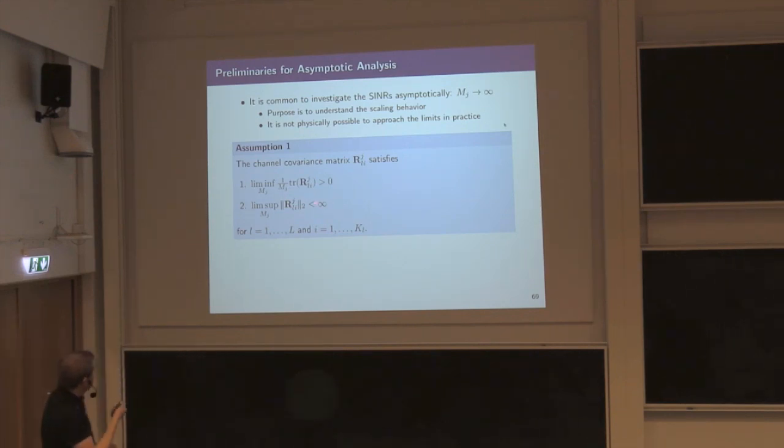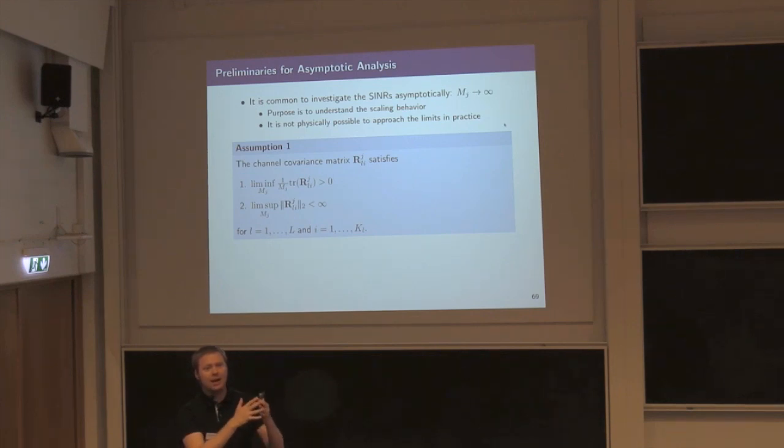The second condition is that the spectral norm, which is the largest eigenvalue of the matrix, the largest value it is going to take when we add more and more antennas, will always be smaller than infinity. So that means that this more and more energy that we are gathering from our array will not be just focused in one or a few directions.